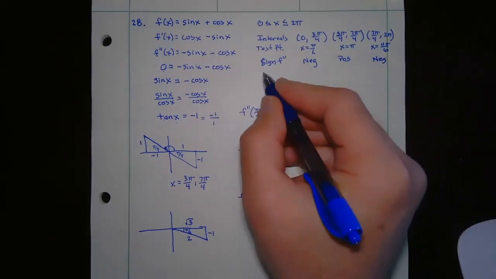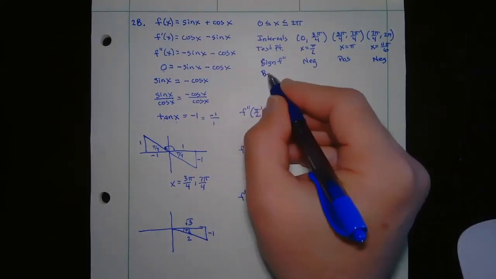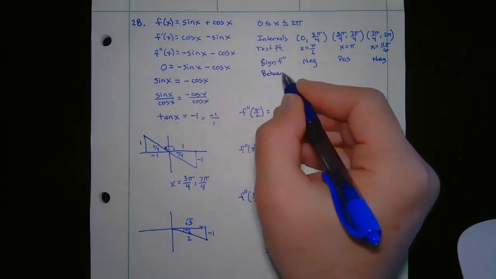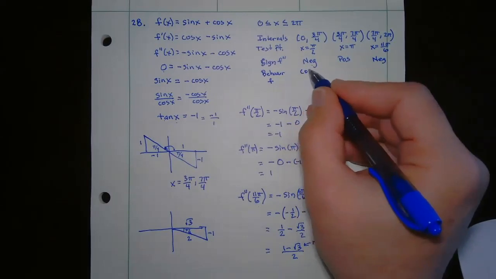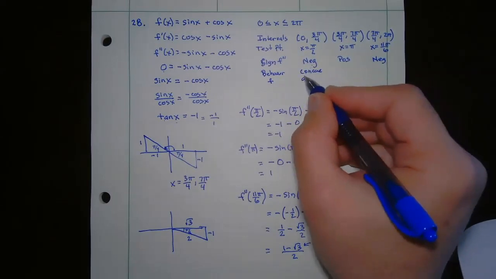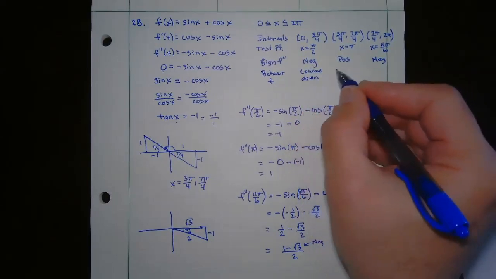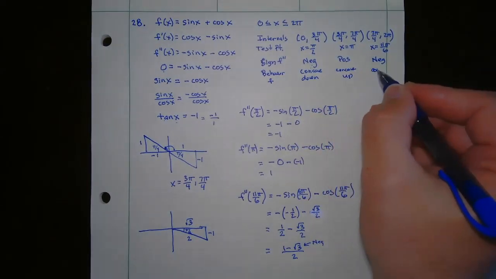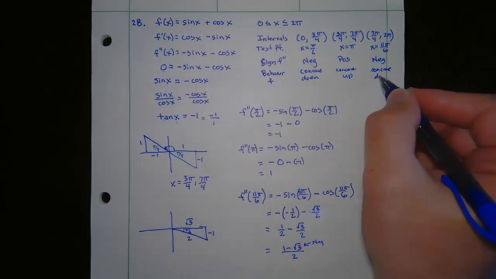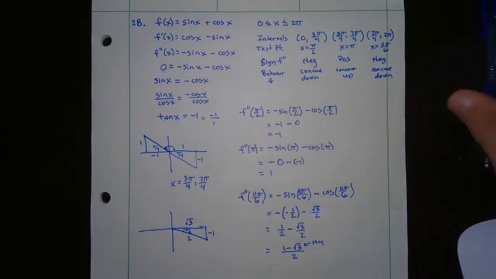So what does that tell me about the behavior of f? The negative tells me it's concave down, then concave up, and then concave down. So concave down, concave up, concave down.